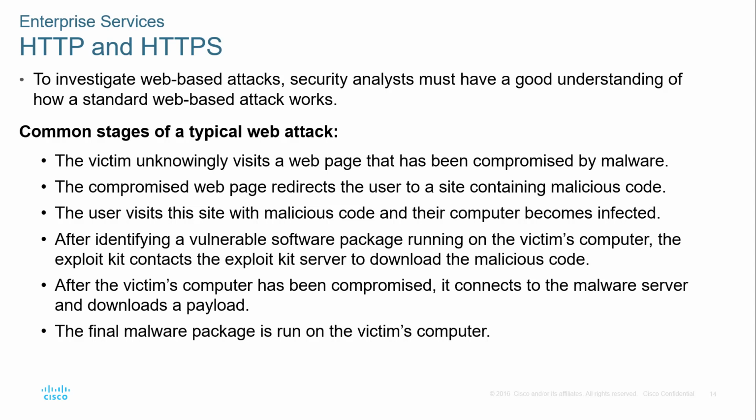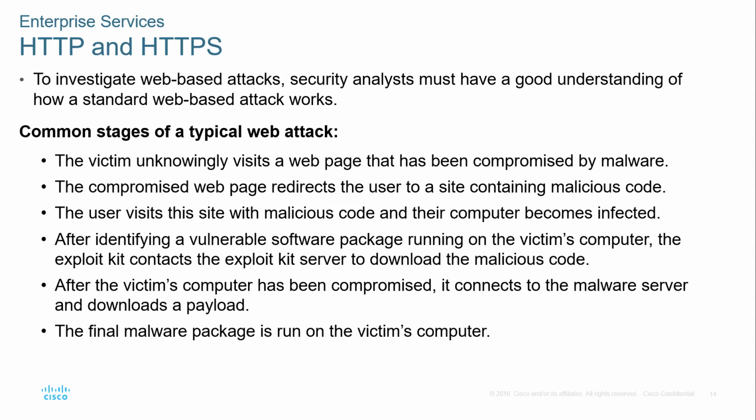After identifying a vulnerable software package running on the victim's computer, an exploit kit can contact the exploit kit server and download additional malicious code. So, for example, let's say you visit site x.com. If x.com is malicious, it can download malicious code on your site.